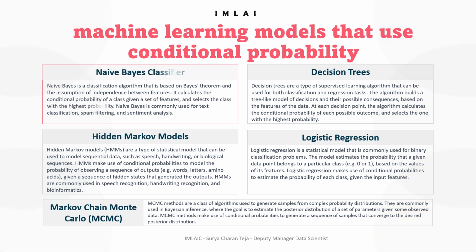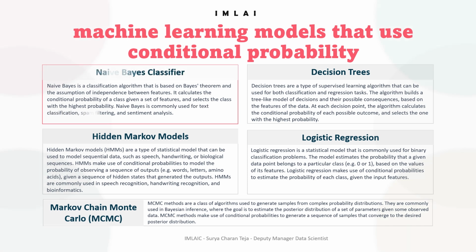So these are just a few. Conditional probability plays a crucial role in many machine learning applications, as it allows us to update our beliefs about a system as new information becomes available.